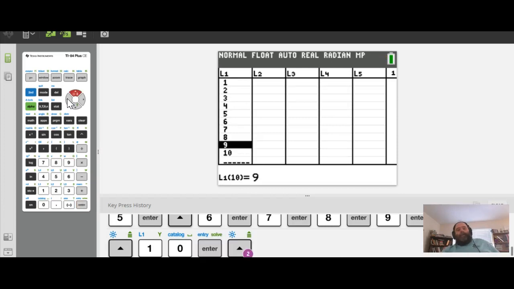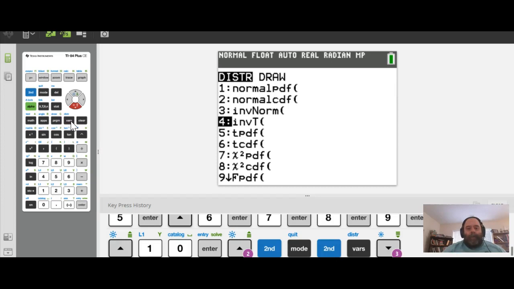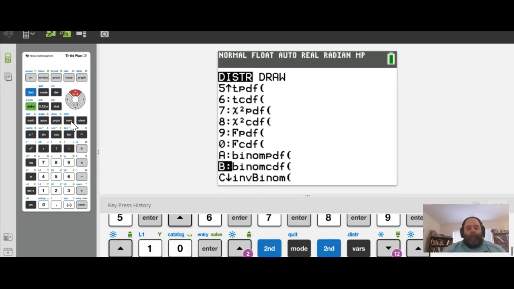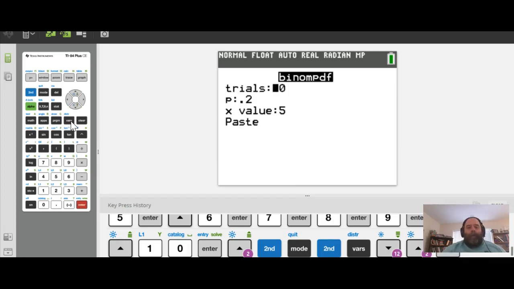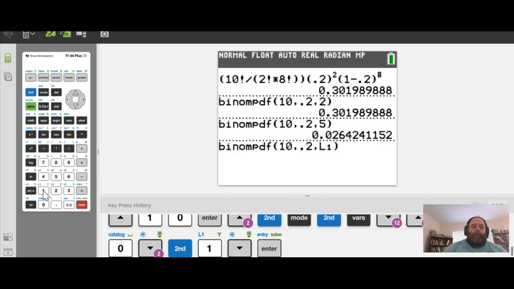Here's what I'm going to do. I'm going to go back to the main screen, second quit, and then second vars, binomial PDF. I'll put in 10 trials, probability of success 0.2, and then L1, so I put all the L1s in there for the X values. Where do I want this to end up?